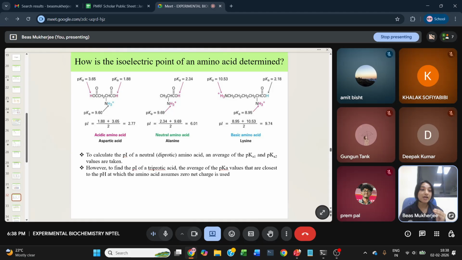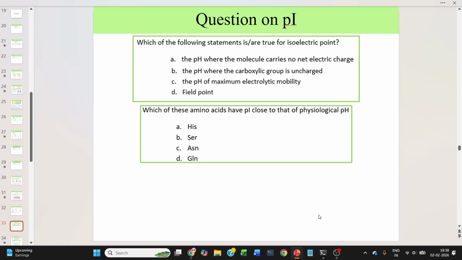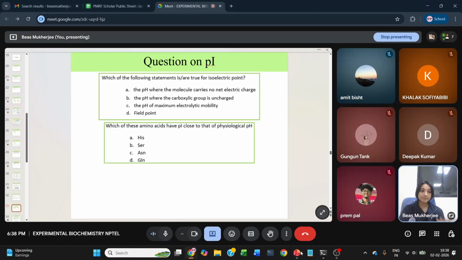However, to find the pI of a triprotic acid, where there are three H plus donating groups, the average of the pKa values that are closest to the pH at which the amino acid assumes 0 net charge is used. Closest to the pH at which the net charge is 0. So we'll practice a few questions to make it simpler for you.